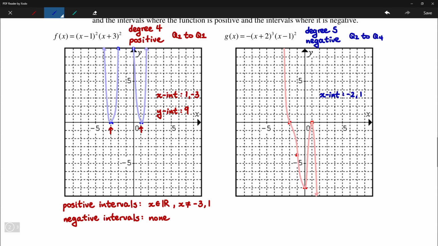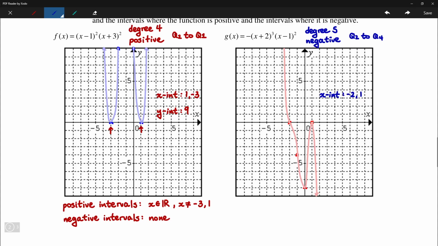Notice here that the concavity changes. It goes from concaving upwards to concaving downwards. It's really the only way to draw the graph. You really cannot have it concaving downwards and then upwards here. It doesn't really fit that way. But it is a point of inflection, so that's the best way to draw that.